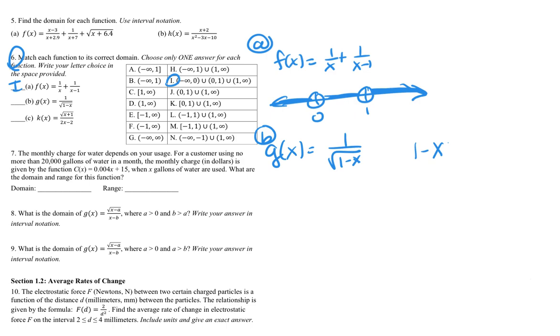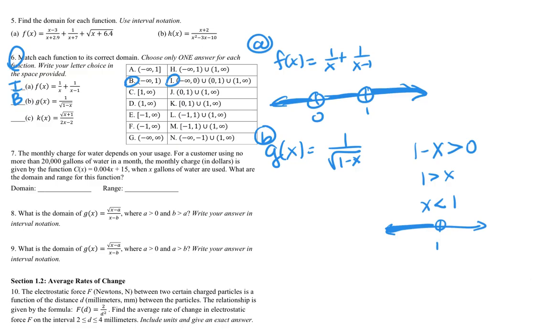I get that 1 is greater than x, or I could write it the other way, x is less than 1. So that would be, if I drew it on a number line, I have 1, and I need strictly less than 1. So from negative infinity to 1, with the open parenthesis at 1. So that would be B.